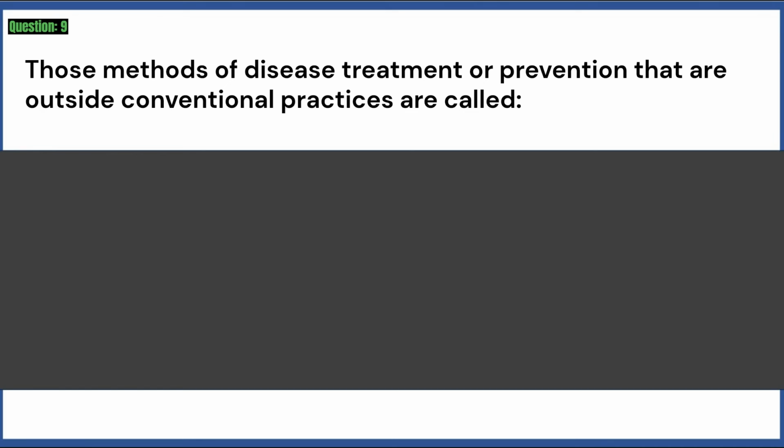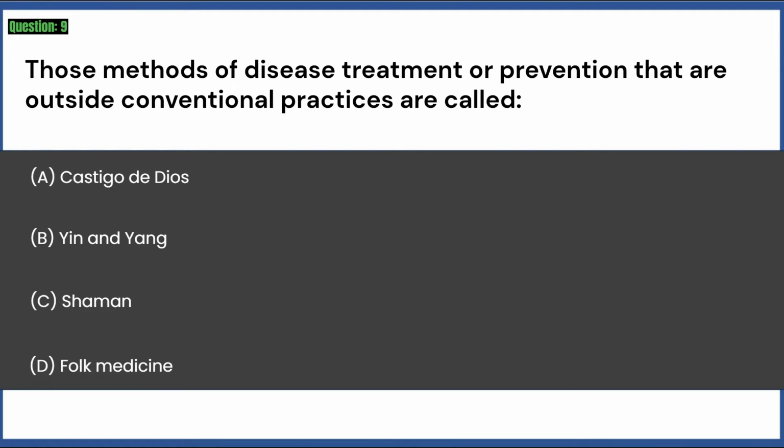Those methods of disease treatment or prevention that are outside conventional practices are called: A. Castigo de Dios. B. Yin and Yang. C. Shaman. D. Folk medicine. Answer: D. Folk medicine.